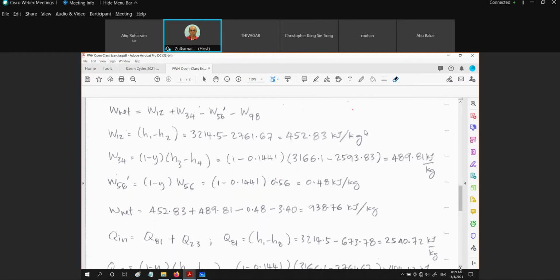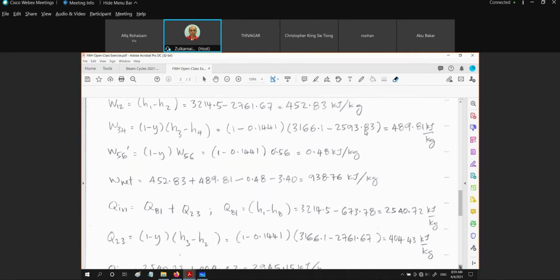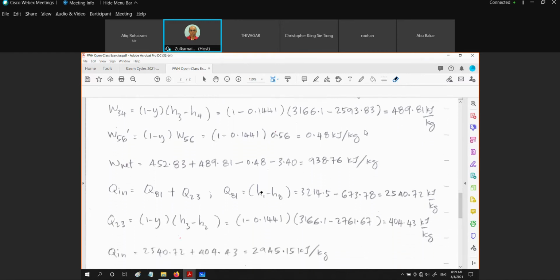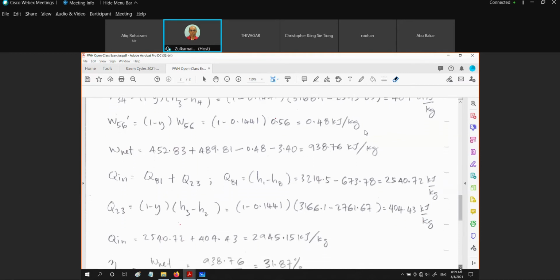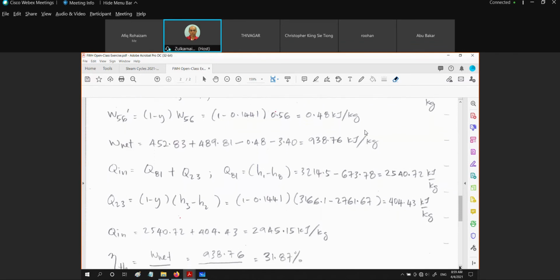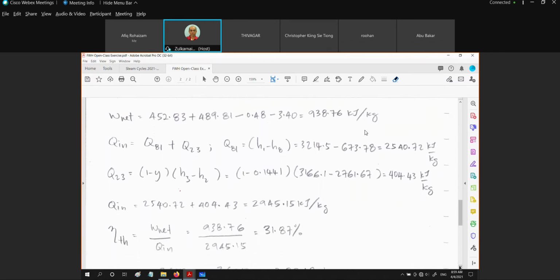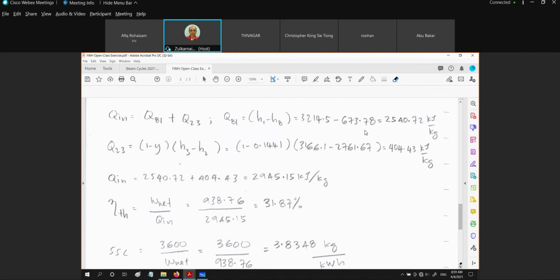The Q in for the boiler and superheater is 1, but for the reheat cycle it is 1 minus Y. So this is your Q in, the total heat input at the boiler side: the boiler, superheater, and also the reheater. So this is what we get in terms of the thermal efficiency.